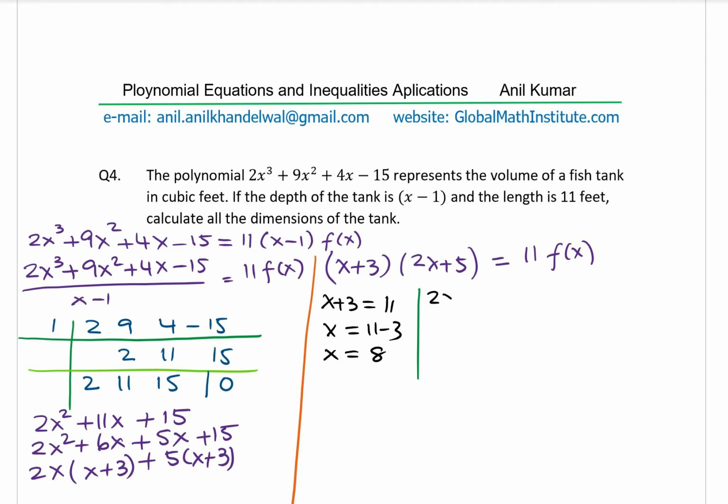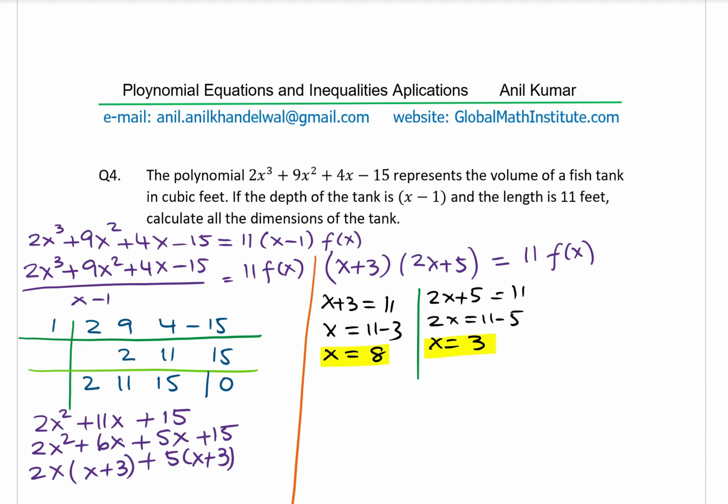And if 2x plus 5 is equal to 11, then 2x is equal to 11 minus 5, which is 6, divided by 2, which is 3. So we have two possible values of x. Is that correct?